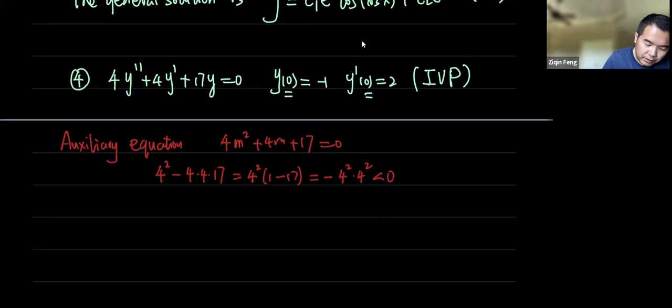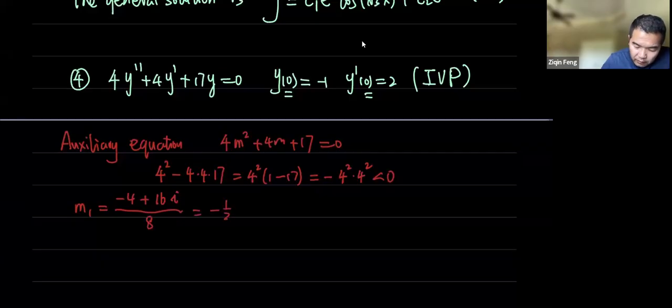So we have two solutions. m1 equal to negative b, negative 4 plus the square root of that, which is square root of 4 squared, which is 16, i over 2 times a, which is 8. So this is negative 1 half plus 2i.